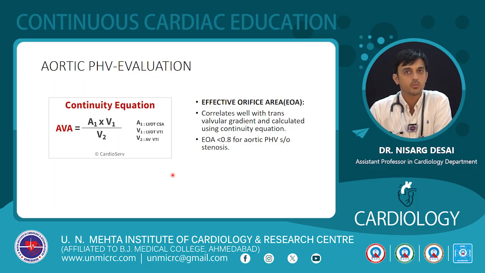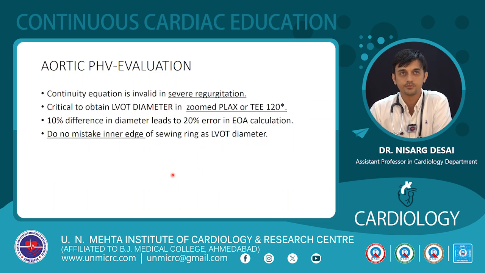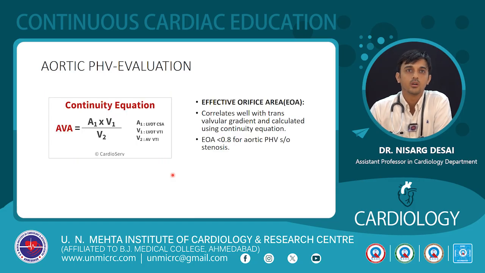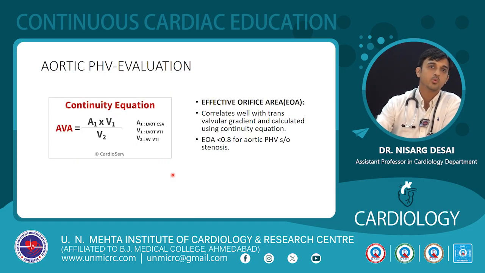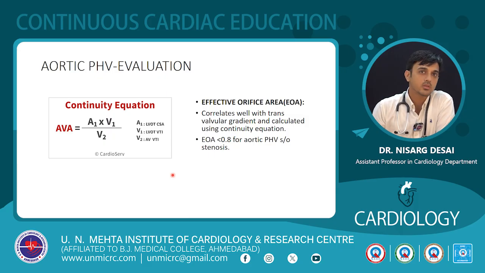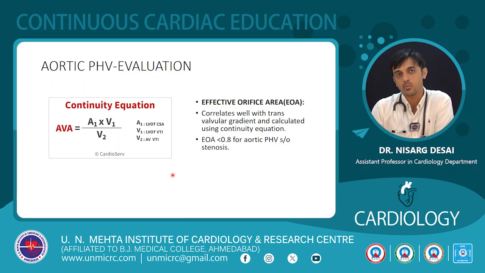EOA less than 0.8 for an aortic prosthetic heart valve is suggestive of stenosis. However, consider the A1V1 in the numerator, that is LVOT cross sectional area and LVOT VTI. So the LVOT cross sectional area is very important.